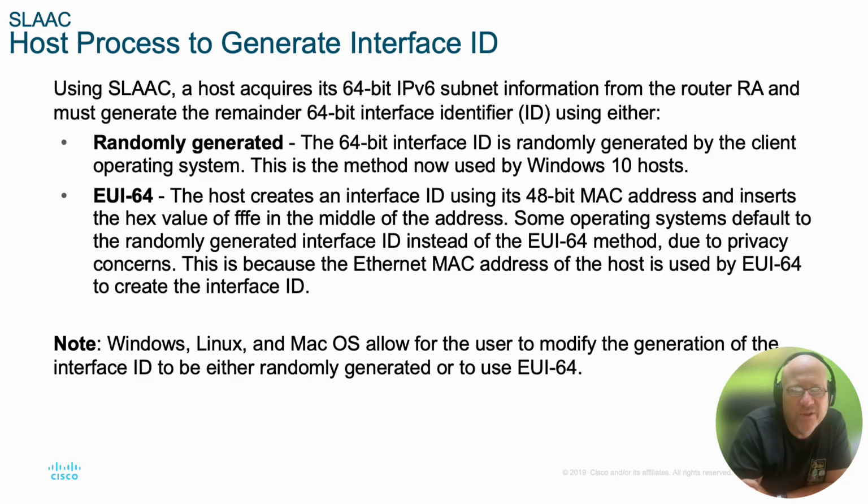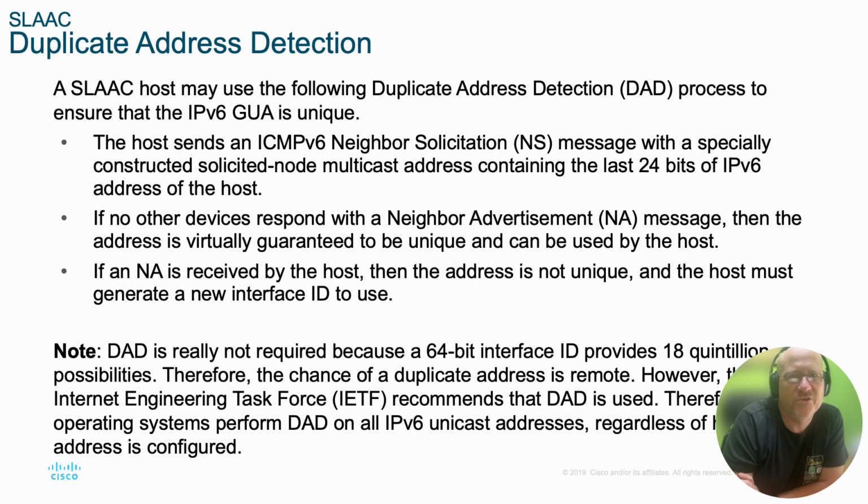There are pros and cons to either methodology, because randomly generated works for a lot of Docker, virtual machine, Kubernetes and Lambda instances, if that is what you need for a cloud solution.